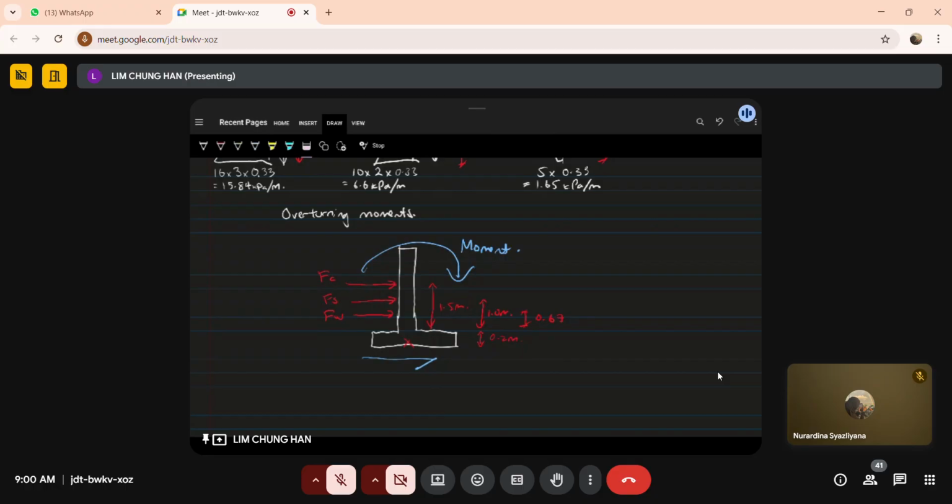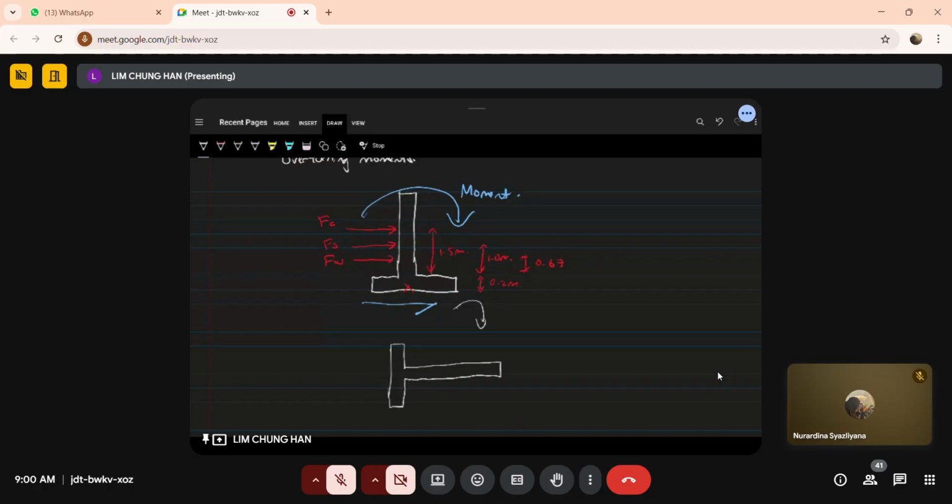Basically, I just rotate. I rotated the retaining wall by 90 degrees. And then you have force here, force here, force here, right? Yeah. What does that look like to you?